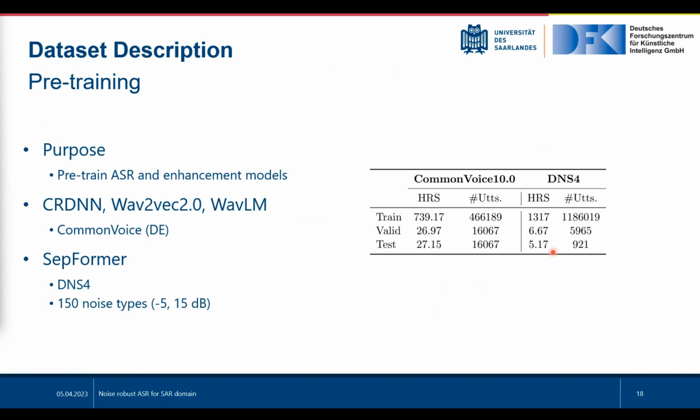And in the DNS dataset, we synthesize around 1,300 hours of clean and noisy pairs, where we mix 150 types of noises at varying SNRs from -5 to 15 decibels. We also add reverberation: 30% of the entire training data is reverberated to replicate real-life applications.